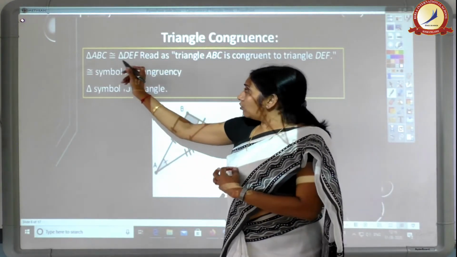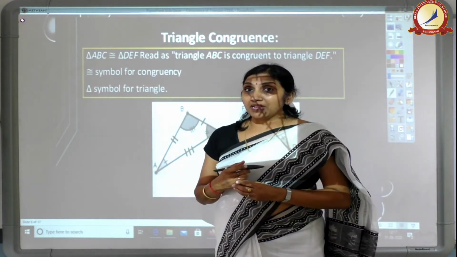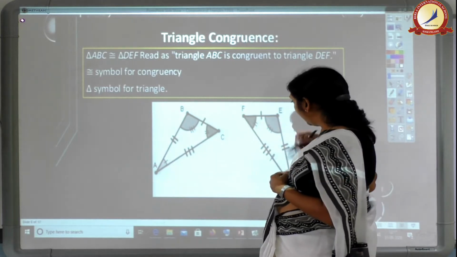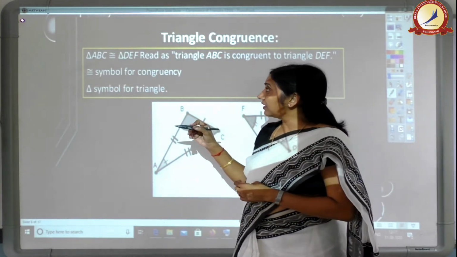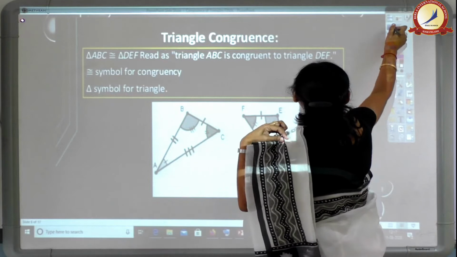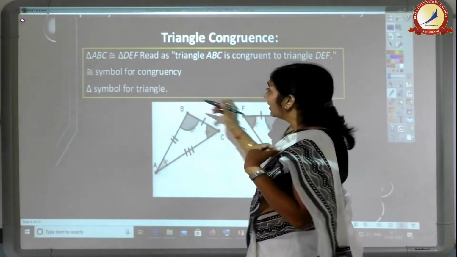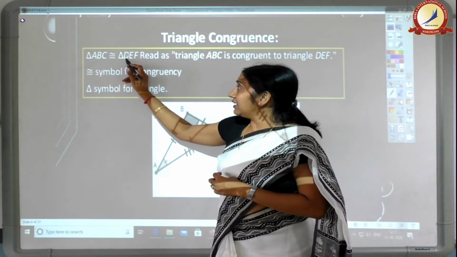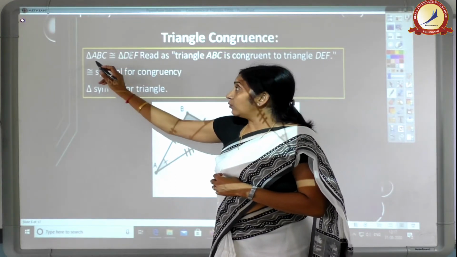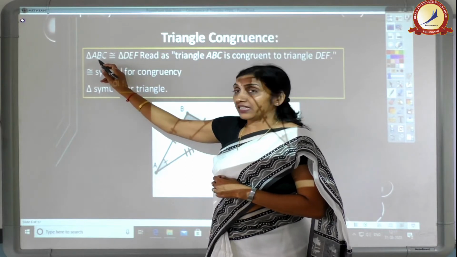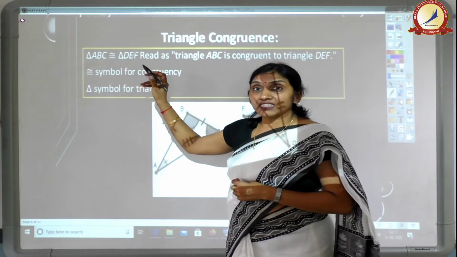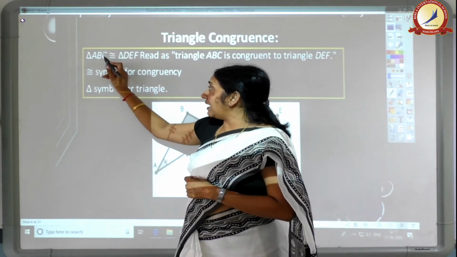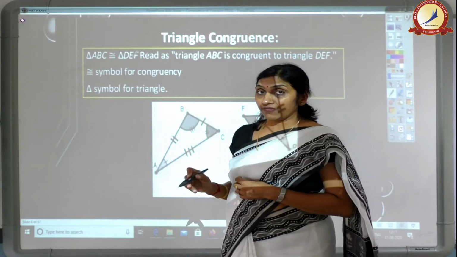Now, how do I write this symbolically in mathematics? If these are the two triangles ABC and DEF, these two triangles are said to be congruent if angle A is correspondingly equal to angle D. Vertex A will pair with vertex D, vertex B is paired with vertex E, and we symbolically write triangle ABC is congruent to DEF.